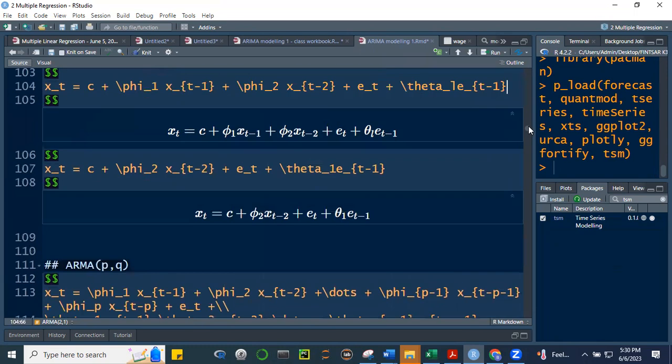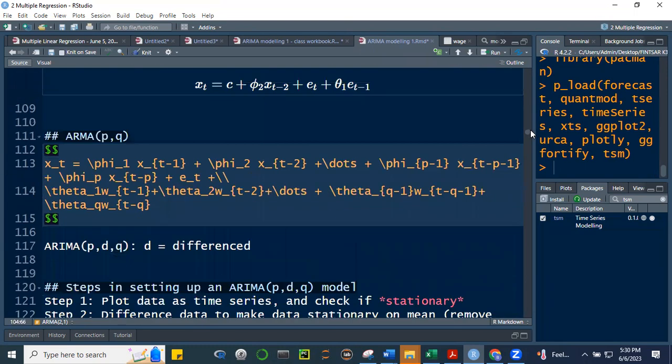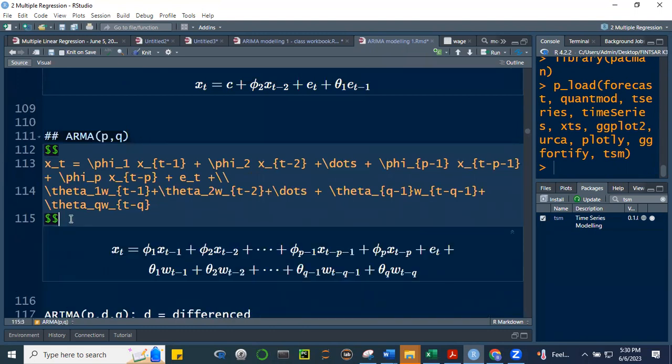All right? Okay, so how about an Arma PQ model? Of course, yung PQ will be order P ni AR process, kaya nga ito hanggang theta, phi sub P. And then order Q ni MA, kaya nga hanggang theta sub Q. So parang kinumbine lang natin siya.